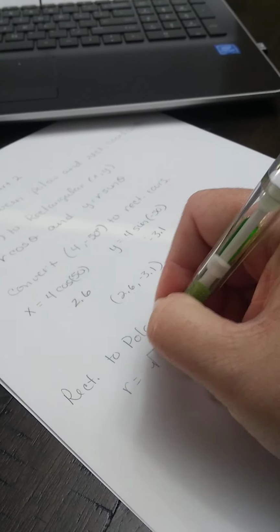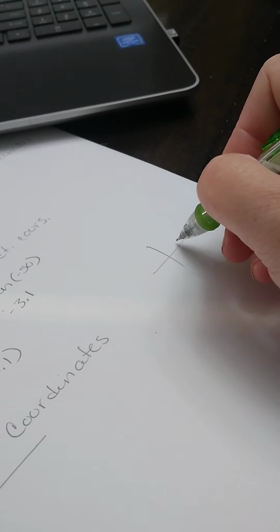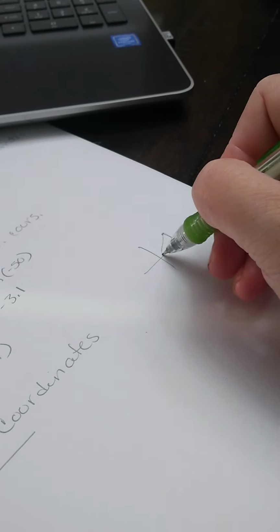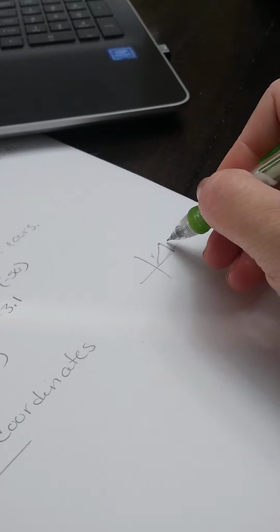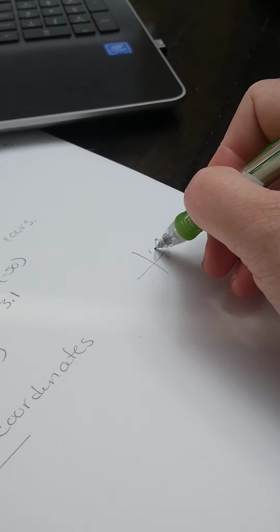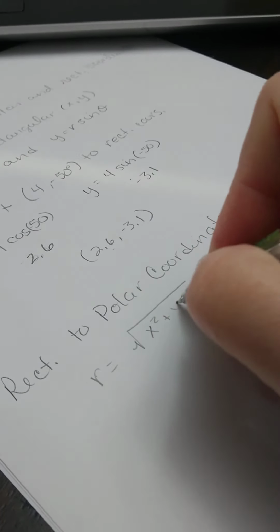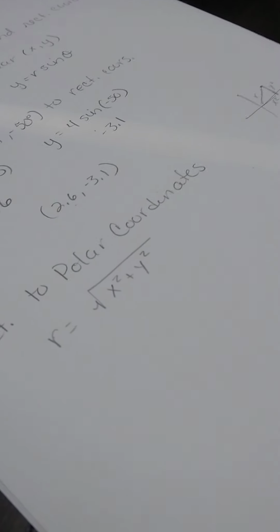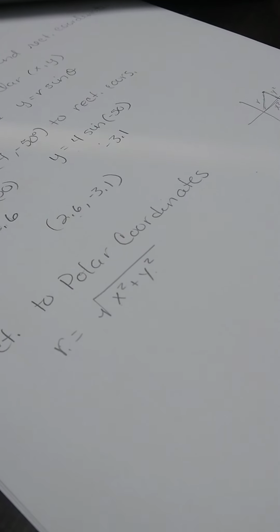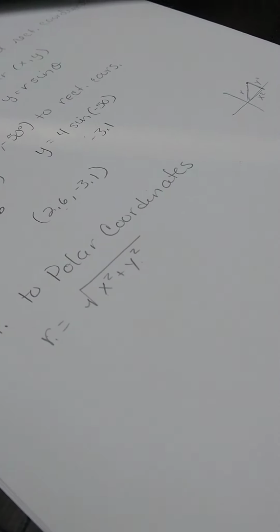If here's a point right here, the x-coordinate would be one leg, the y-coordinate would be one leg, and r would be your hypotenuse. So it's going to be x squared plus y squared equals r squared, and then we're going to square root it to get rid of the squared, so r is the square root of x squared plus y squared. It's exactly Pythagorean theorem. Instead of c and a and b, we're using our x and y's and r's, but it is still Pythagorean theorem. But that's your formula for r, all right?